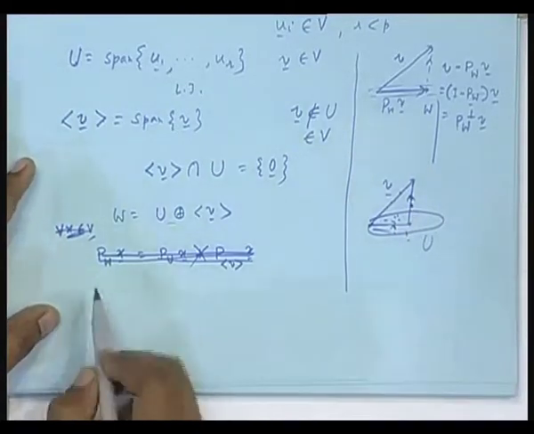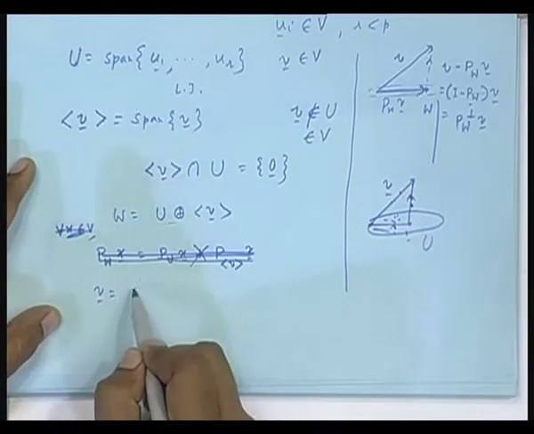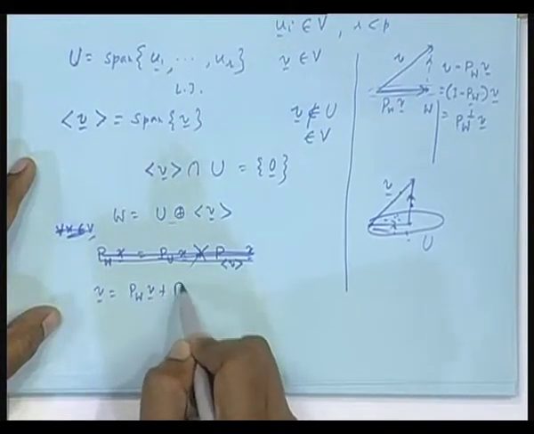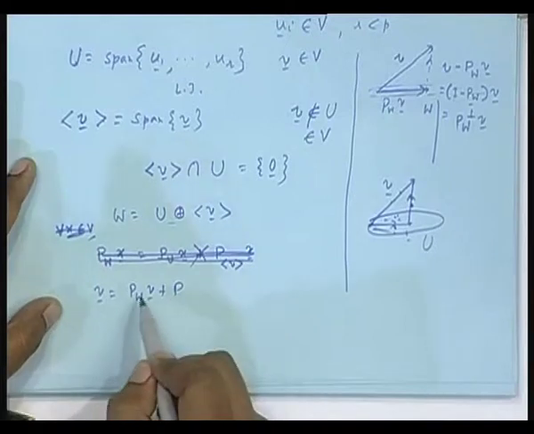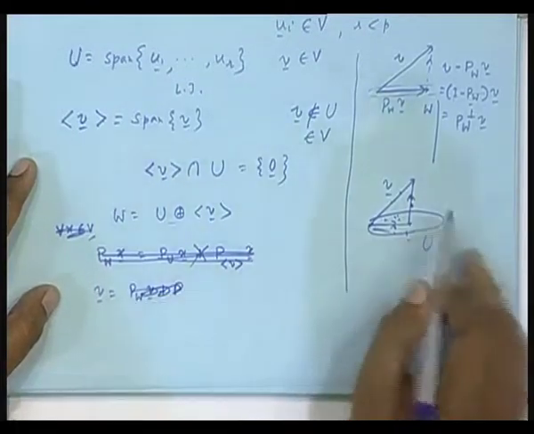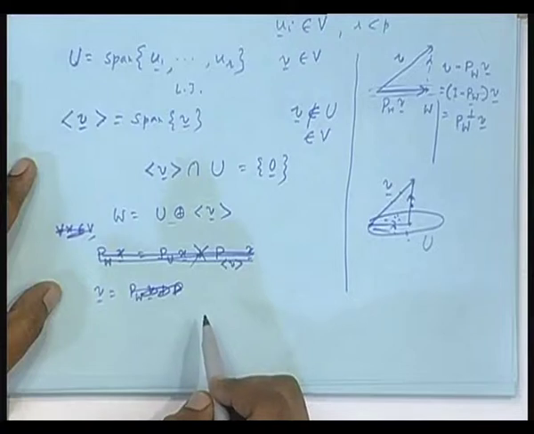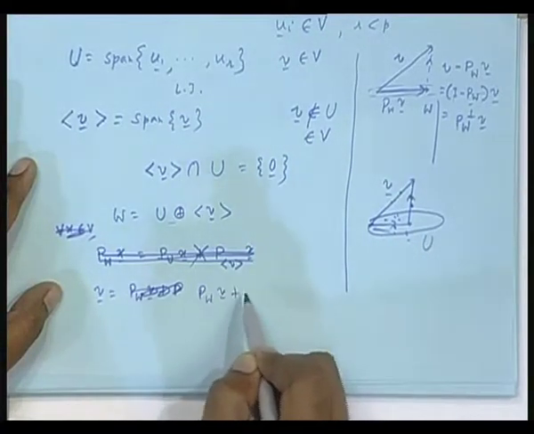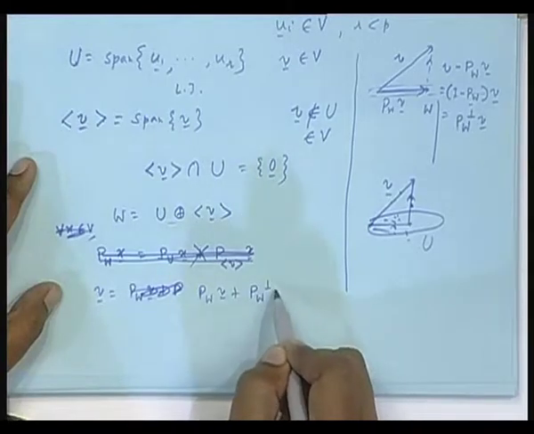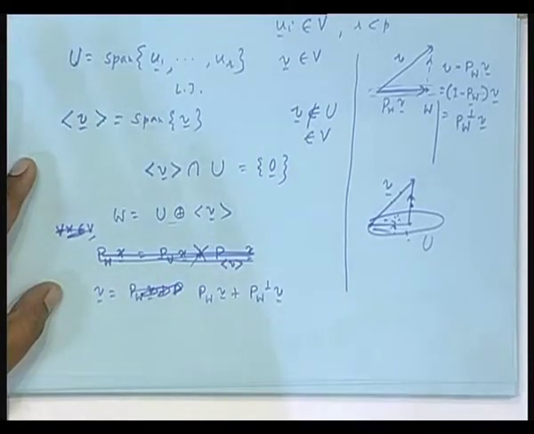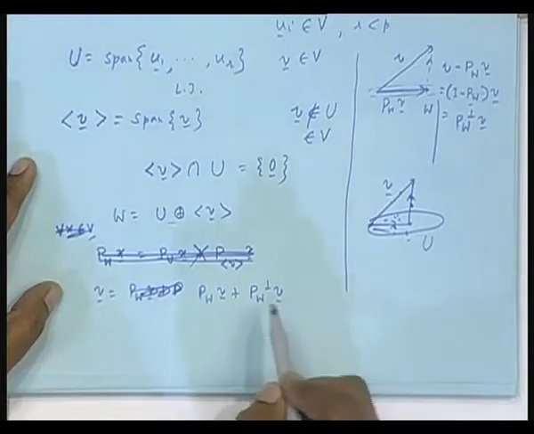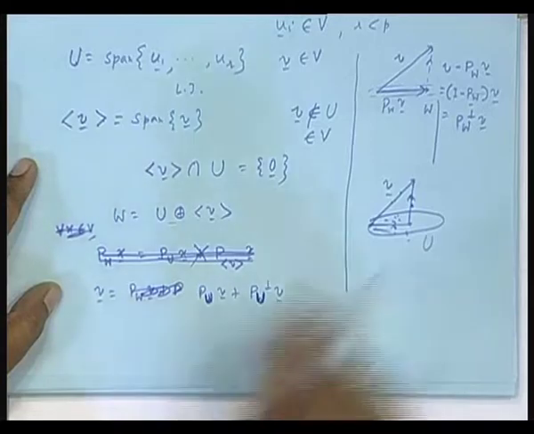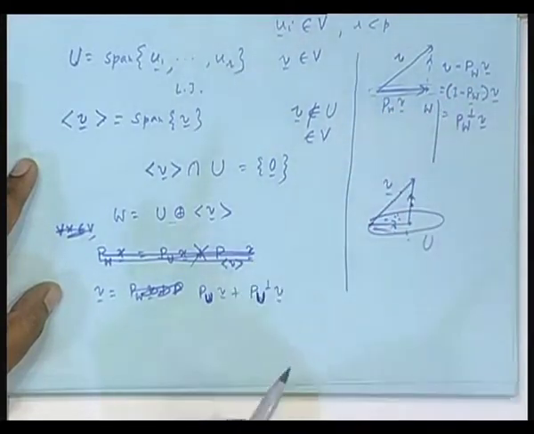That is, V is P U V plus P U perpendicular V. Sorry, I was still carrying the W in mind, the projection.